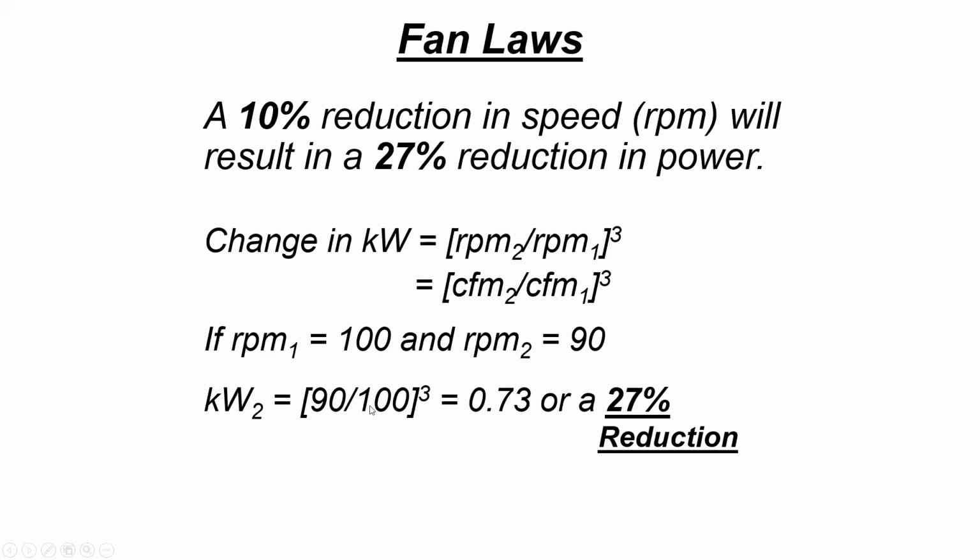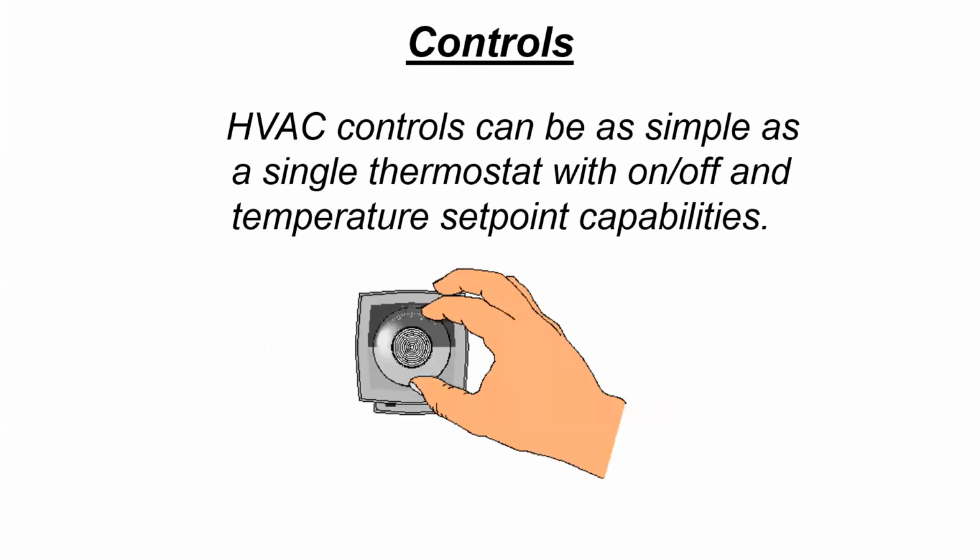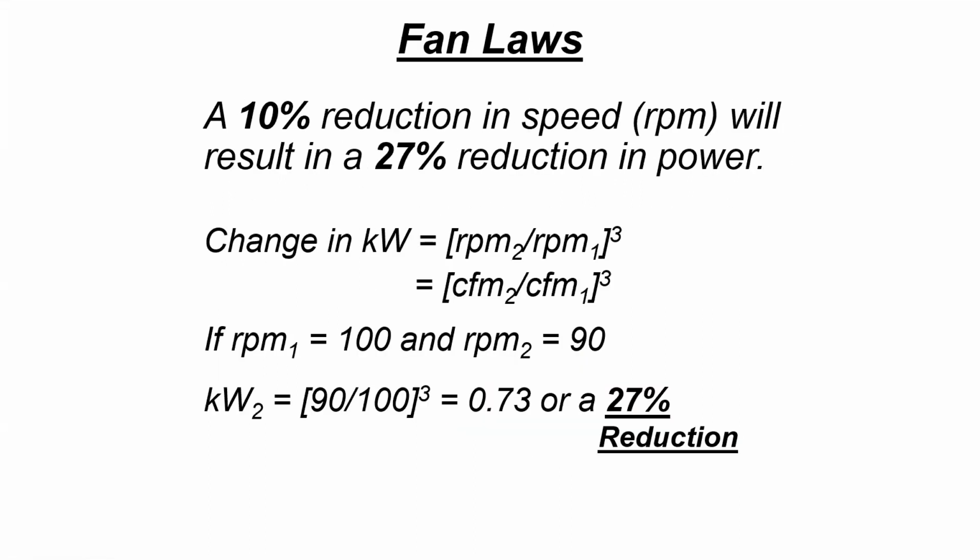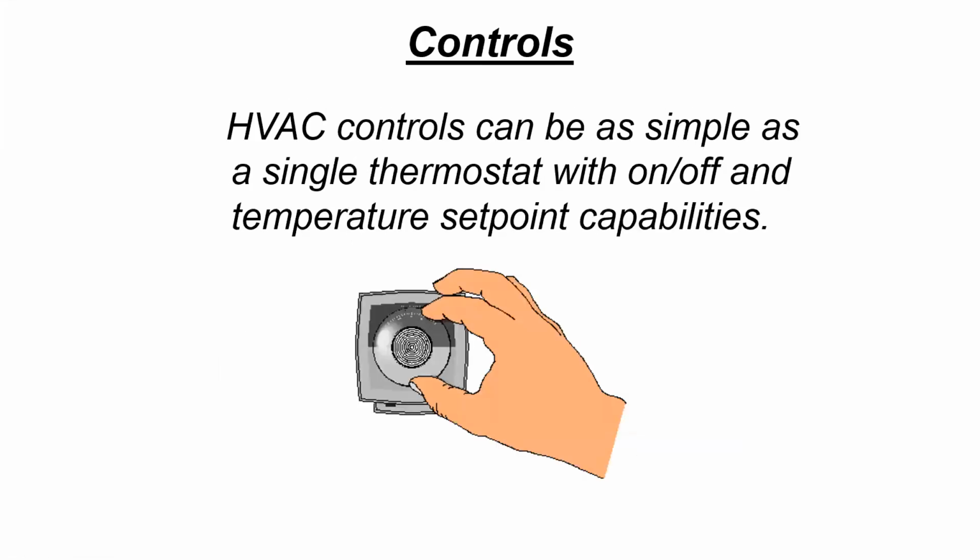So 90 divided by 100, which is RPM 2 divided by RPM 1, to the power of 3 is 0.73, or 73%, which means that we reduce our power 27% just by reducing the RPM 10%. This becomes important whenever we talk about VFDs on the cooling tower fan. We have a few slides on that that I'll cover later today.